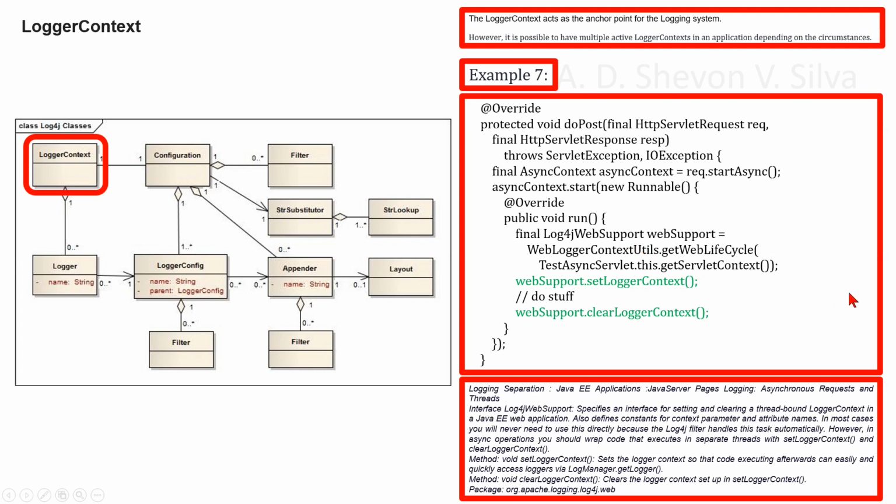Log4j provides a simple mechanism for binding the LoggerContext to asynchronous threads. In some special circumstances, the simplest way to do this is to wrap the runnable instance that is passed to the AsyncContext.start method.